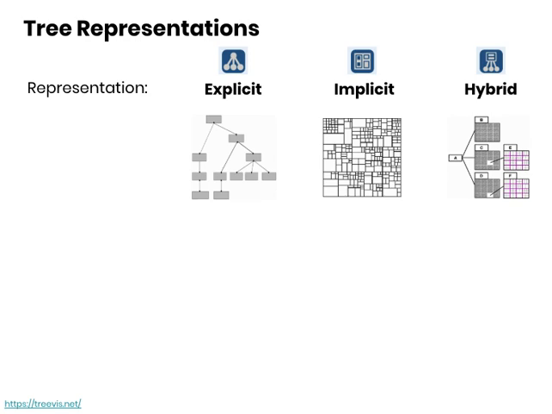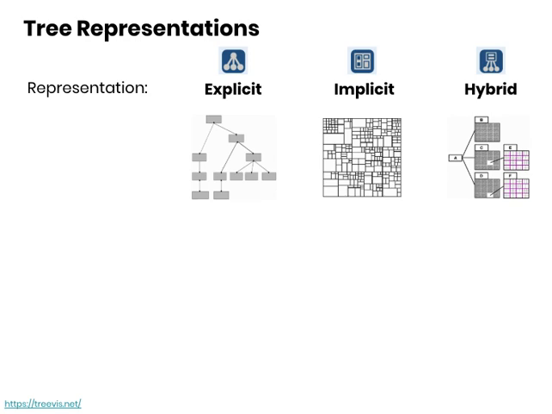Implicit representations show parent-child relationships not through lines, but, for example, through containment, through overlap, through adjacency: icicle plots, tree maps, and so on. And we have hybrid techniques that try to combine the best of implicit and explicit tree representations.